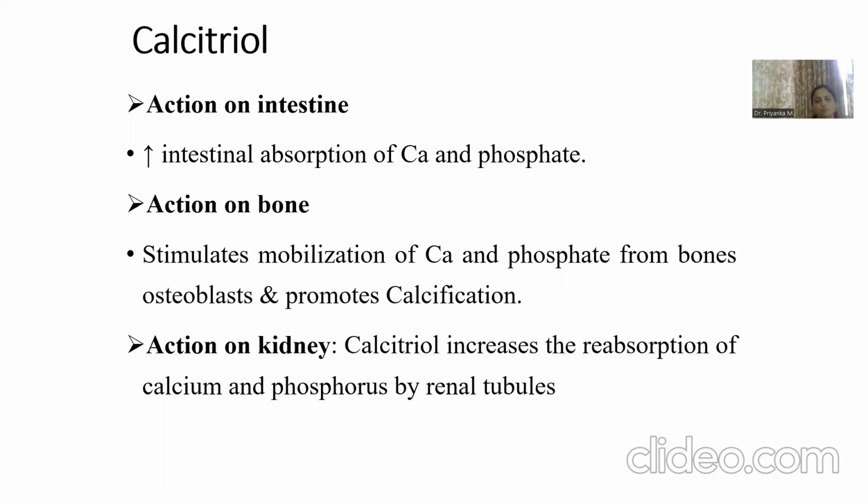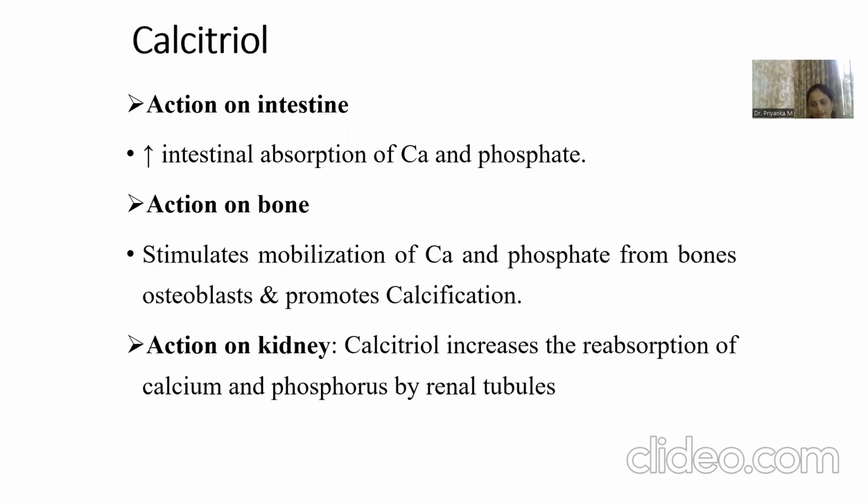Action on bone. As we know, there are two types of bone cells: osteoblasts and osteoclasts. Osteoblasts help in mineralization of bone, that means increased deposition of calcium in the bone. That is known as osteoblastic activity.